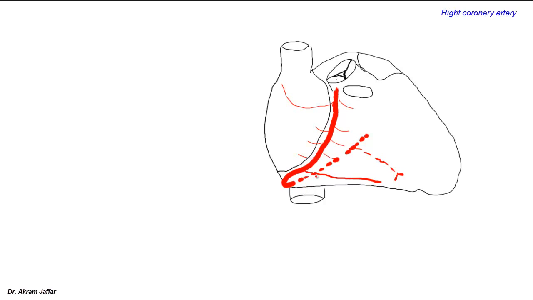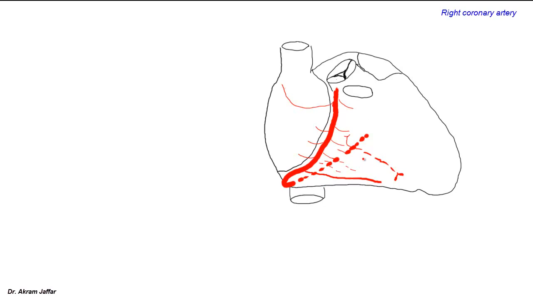On the inferior surface of the heart, the right coronary artery provides ventricular branches. There are also some atrial branches, and before reaching the crux of the heart, the right coronary artery supplies a small branch that passes into the interatrial septum and supplies the AV node.